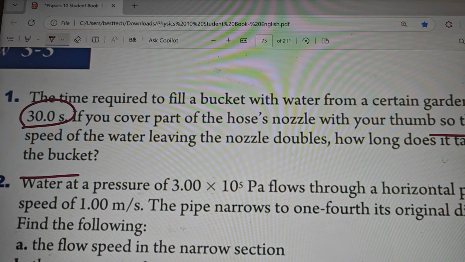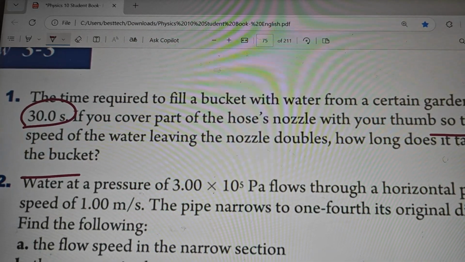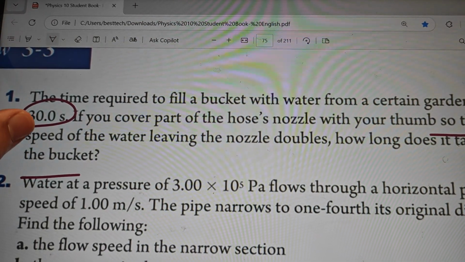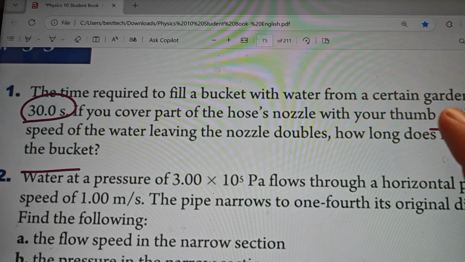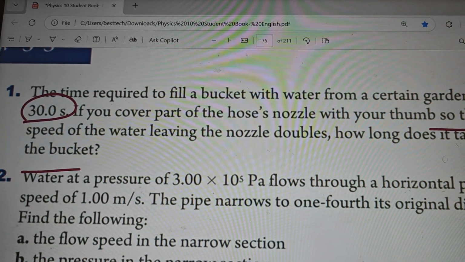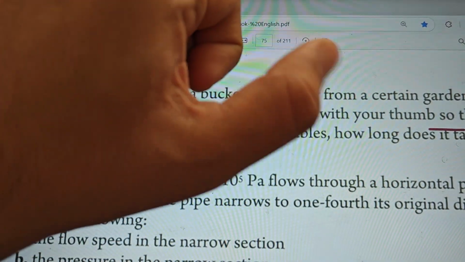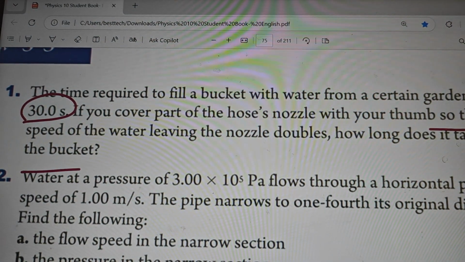Here the question said the time required to fill with the water takes 30 seconds. If you cover part of the nozzle with your thumb, so that the speed of the water leaving the nozzle doubles, how long does it take?